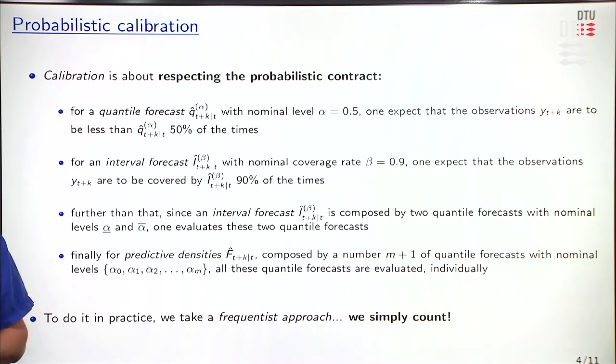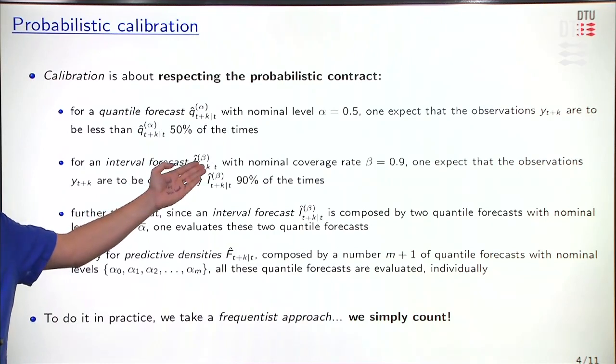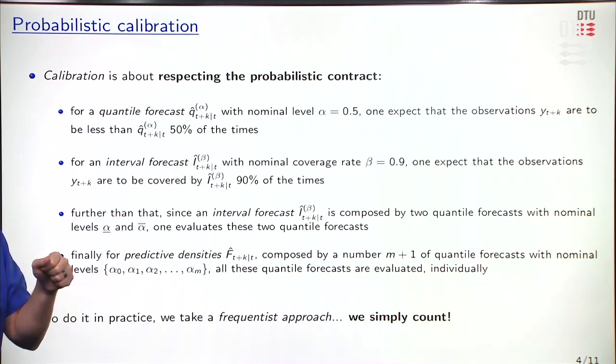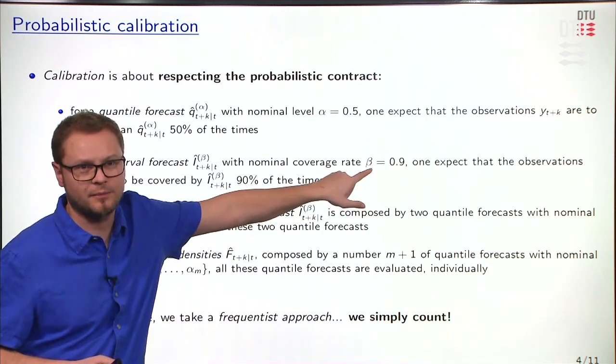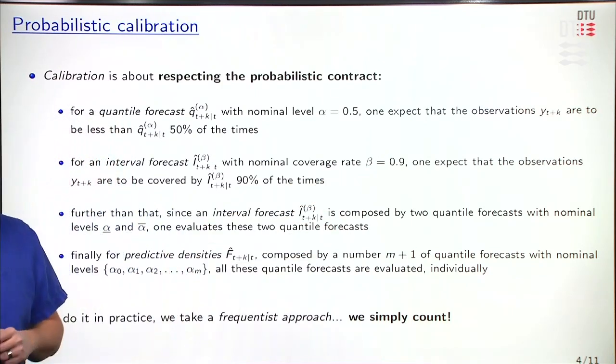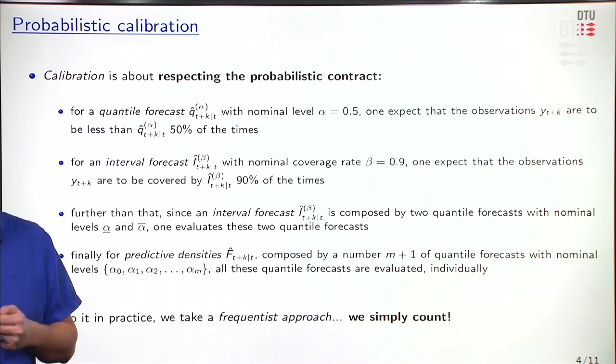Going more into detail, this kind of interval is actually formed by two bounds, and these bounds are two quantile forecasts which have nominal proportions we can deduce from this nominal coverage rate. An interval forecast with nominal coverage rate beta equal 0.9 is composed by a quantile forecast, the lower one, with nominal level 0.05, and by another quantile forecast for the upper bound with nominal level 0.95.